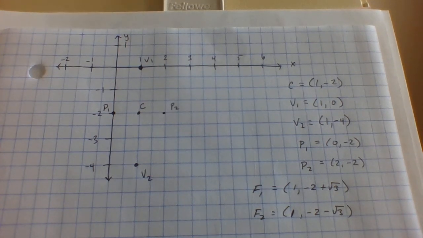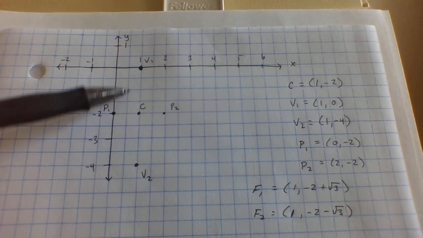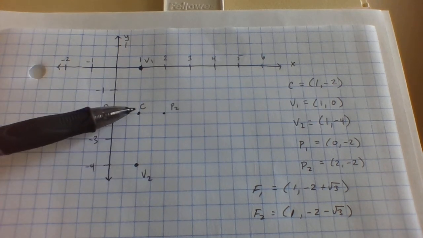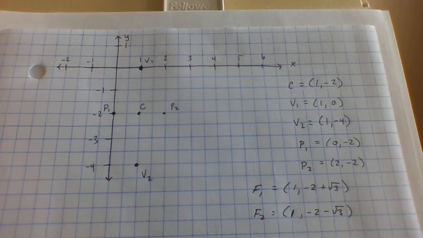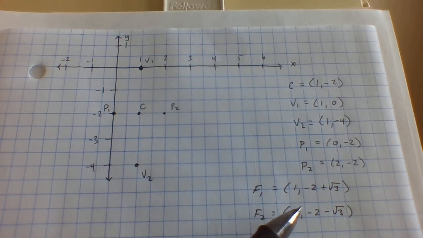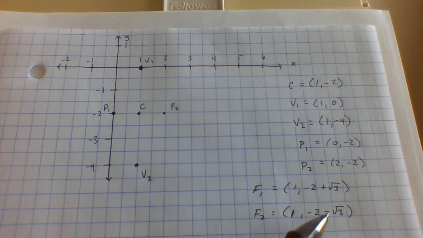Keep in mind when you're plotting your foci, those are going to lie along the same axis as your center and your vertices. So it needs to be along this vertical axis right here. So from my center, I'm going to be coming up or down radical 3 units. So one way I could write these points, they're both going to have x coordinates of 1. So my y coordinate would be -2 plus radical 3.